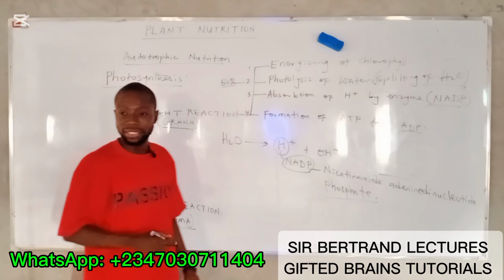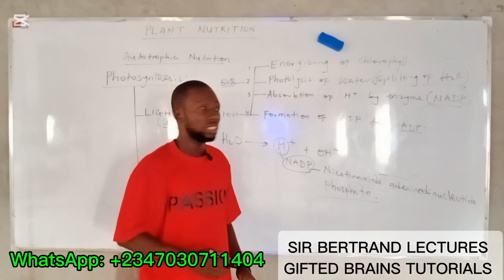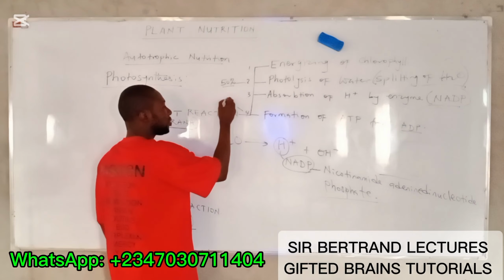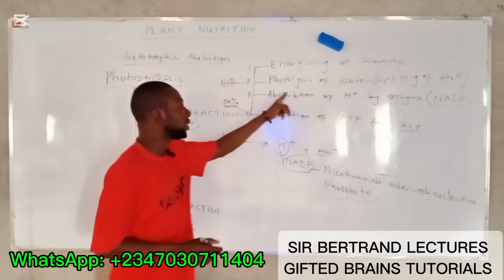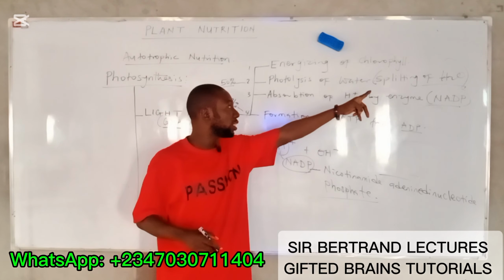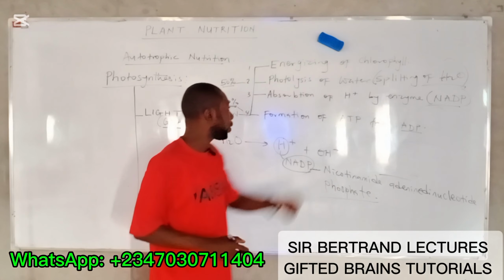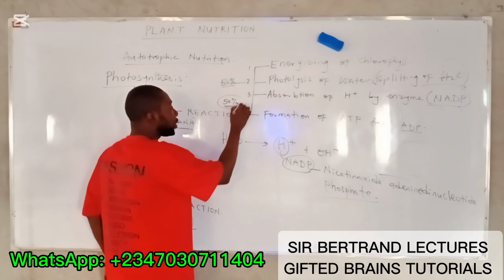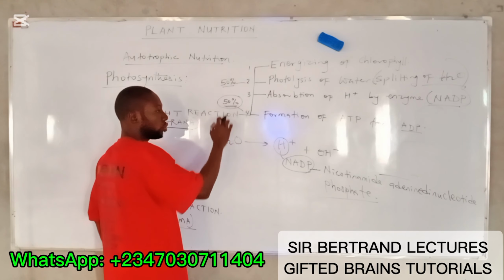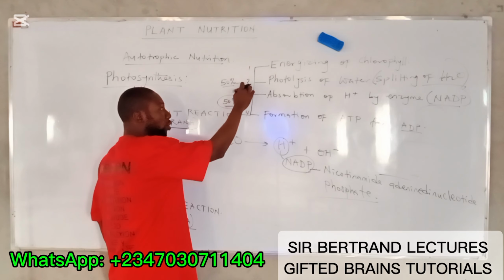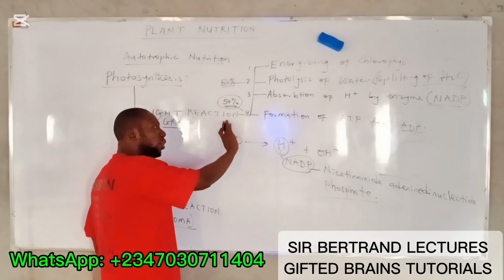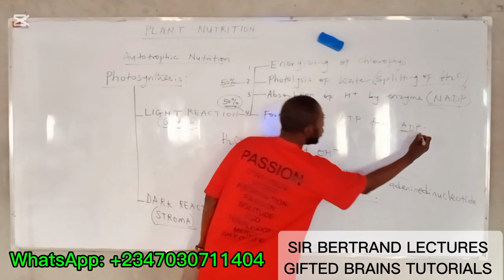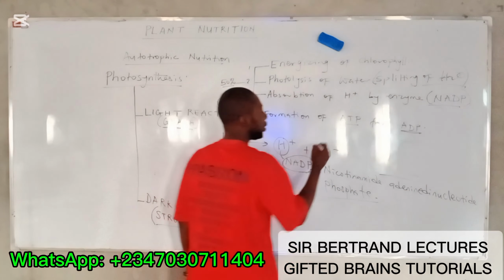How many is left? Yes, that's 50. All right? So 50% is left here, after utilizing 50% to split the water molecule into hydrogen ion and hydroxide ion. So the 50% of energy which was not used during photolysis of water, that is the energy remaining after photolysis of water, is now added to ADP to form ATP.